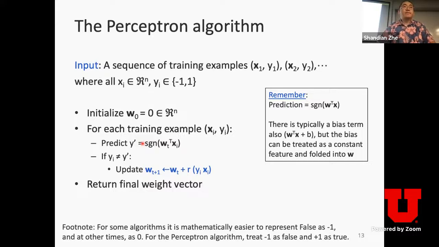So how do you change it? Any thoughts? If we specify that yi is either 0 or 1, how do you modify this perceptron algorithm correspondingly?